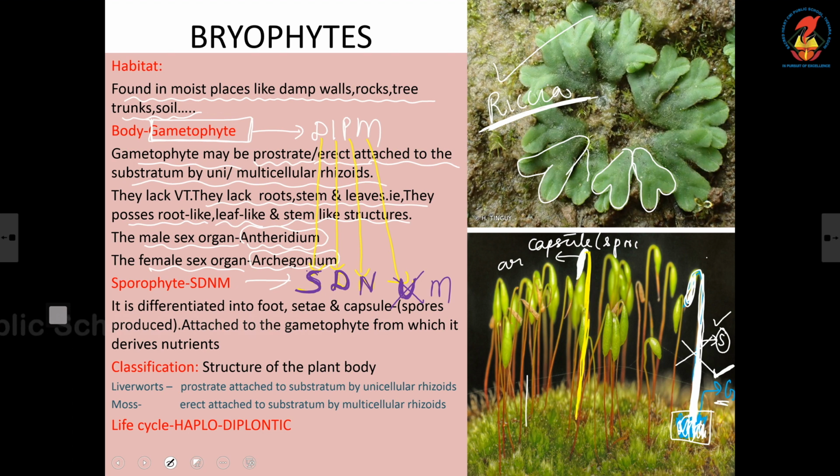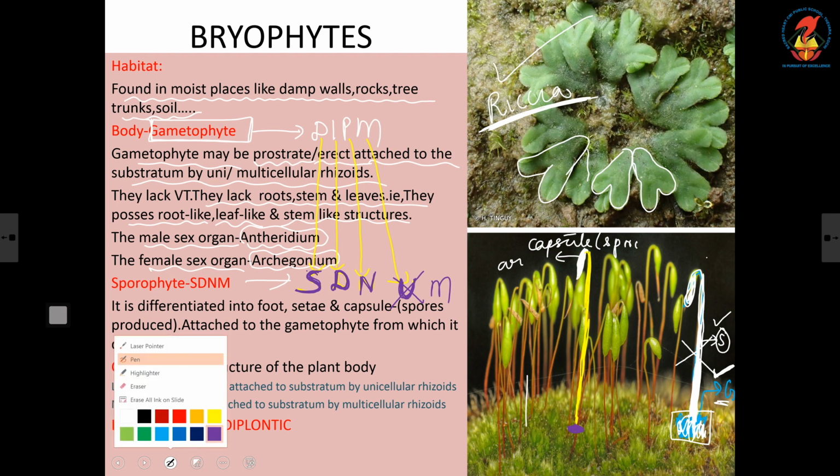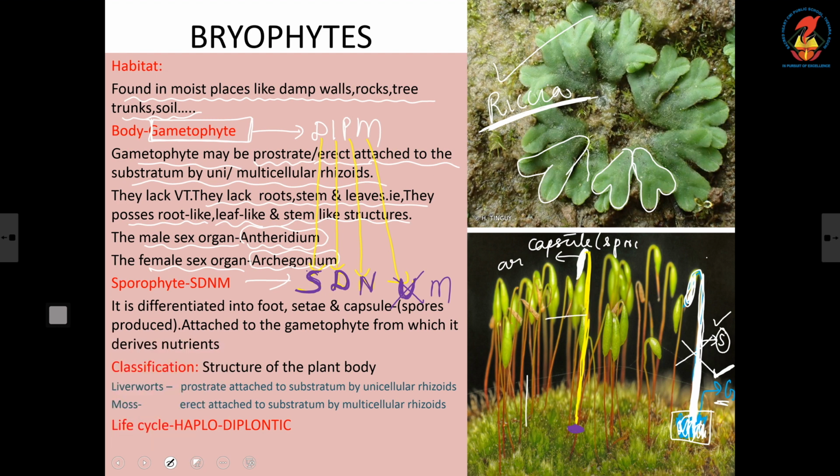And then it is anchored into the gametophyte with the help of a foot, I am giving violet color. So there are three parts. Once again reiterating the parts: capsule, seta and foot. So this is the sporophyte.